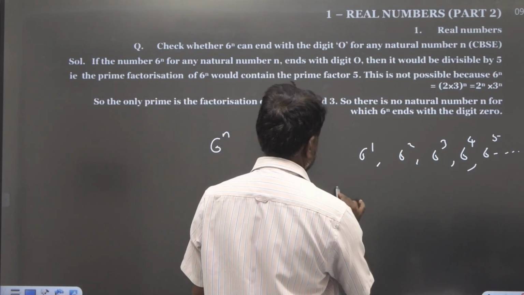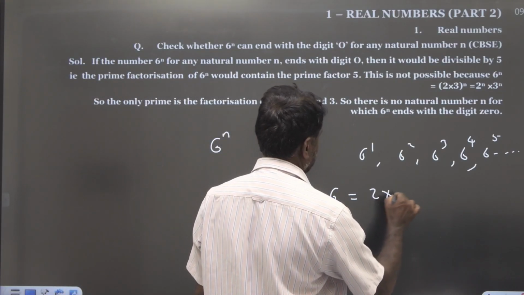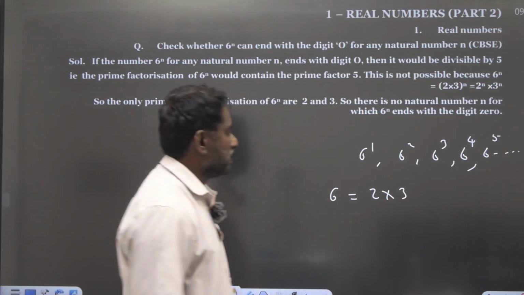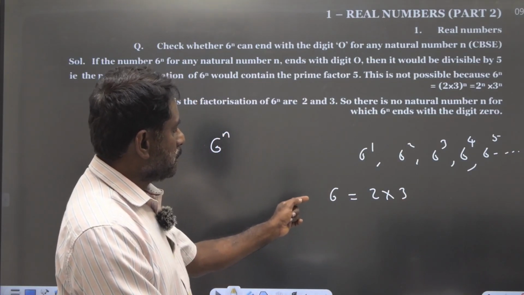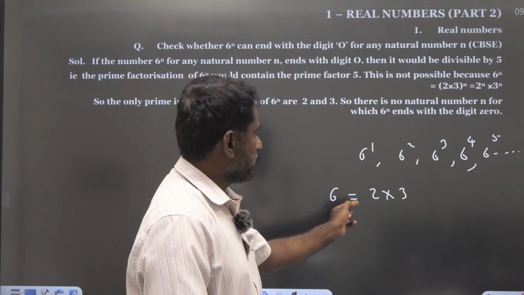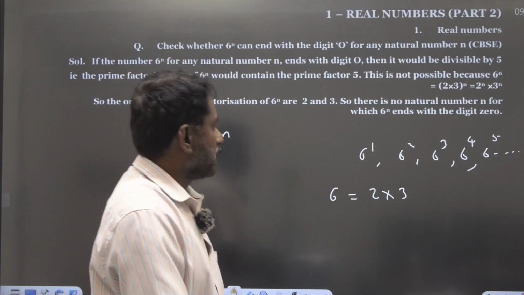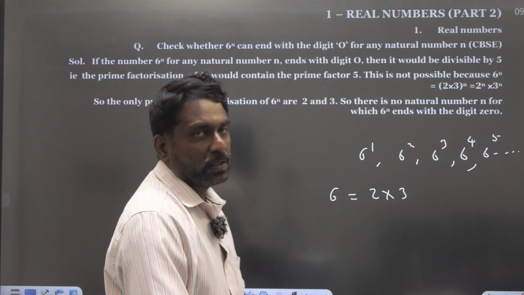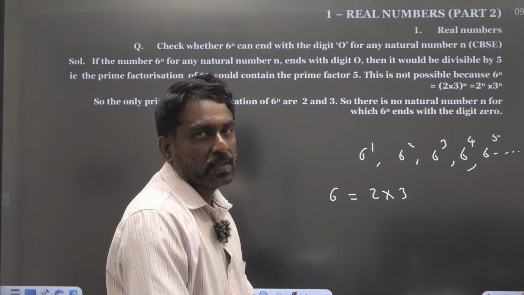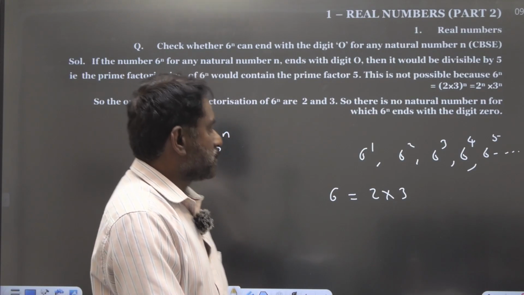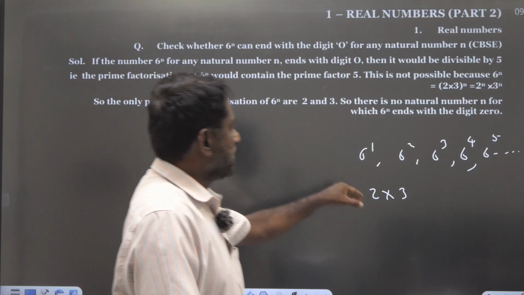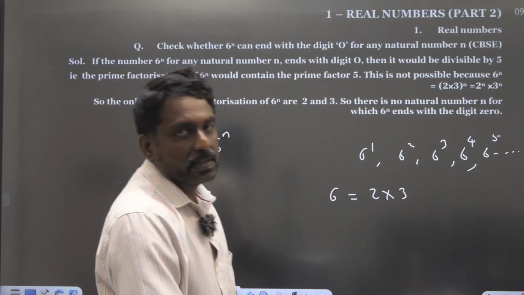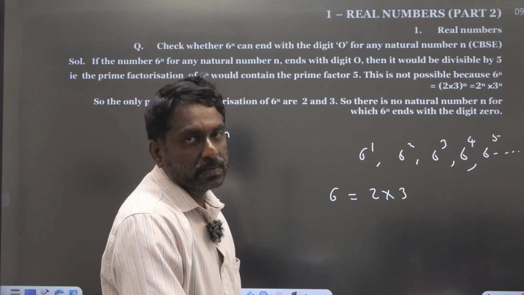But 6 is equal to 2 into 3. There is no such factor 5. 6 is equal to 2 into 3 only, or 1 into 6. So 5 isn't included here. Only 2 and 3 are included.